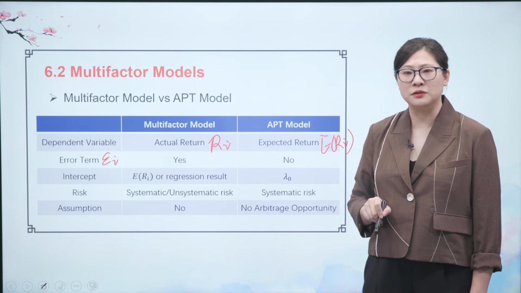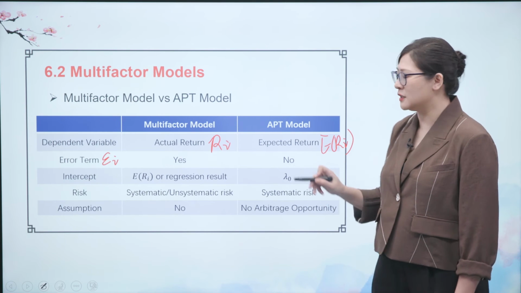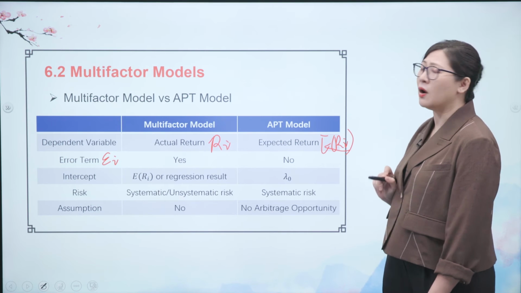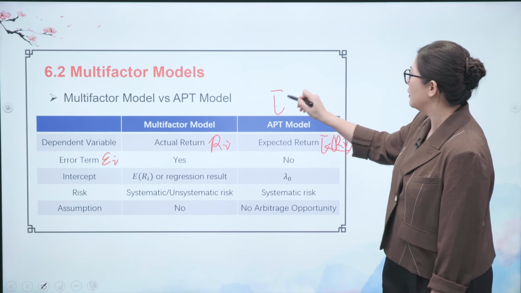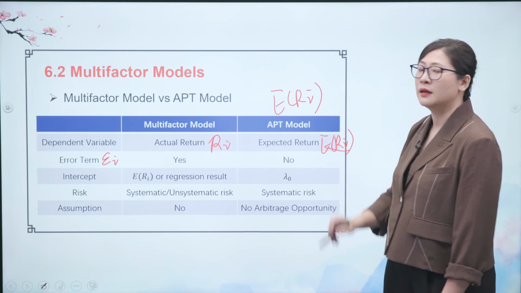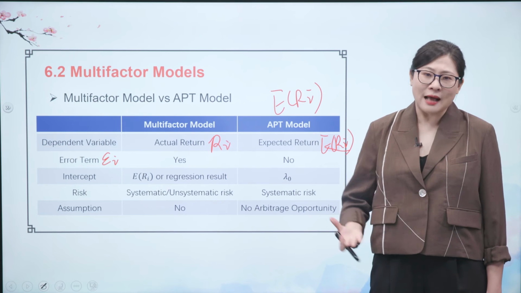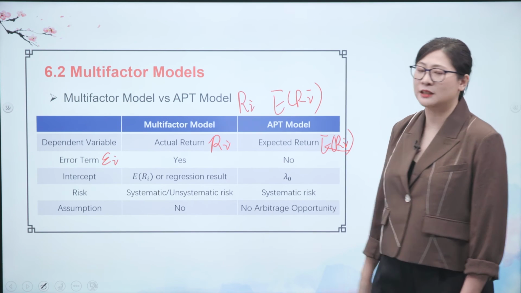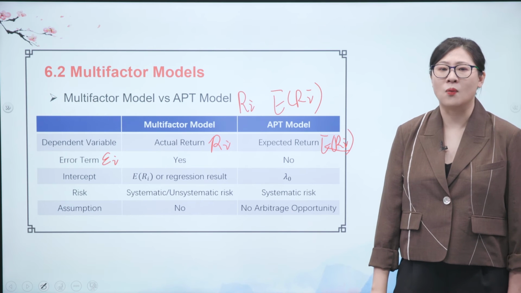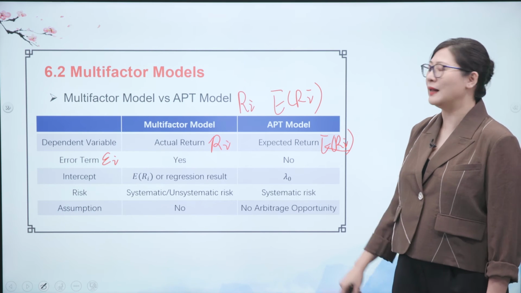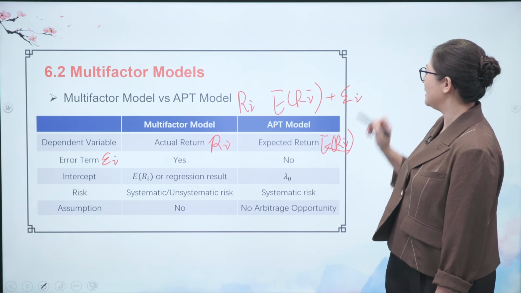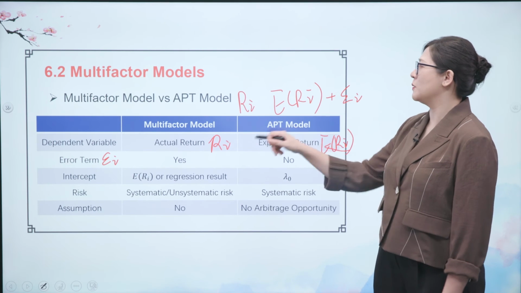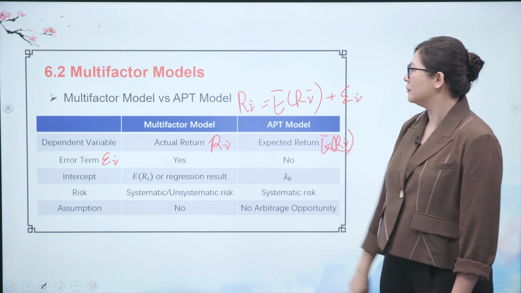The reason is that we run this model based on expected return. And what's the difference between expected return and actual return? Definitely we should add our epsilon_i. So that's the difference between these two.